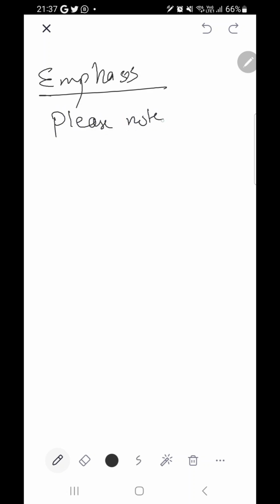Similarly, when we have to emphasize something in the paragraph, we can use certain statements. Let's say, please note that, right? It is important to mention.